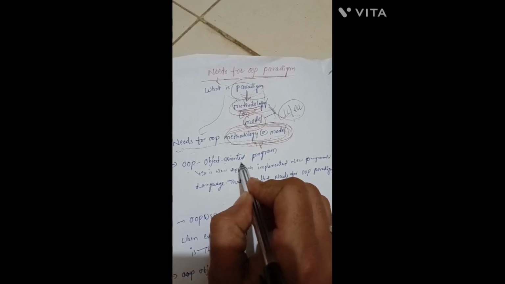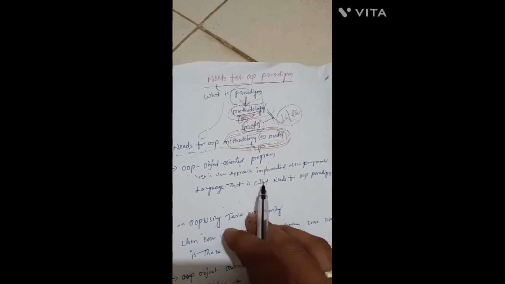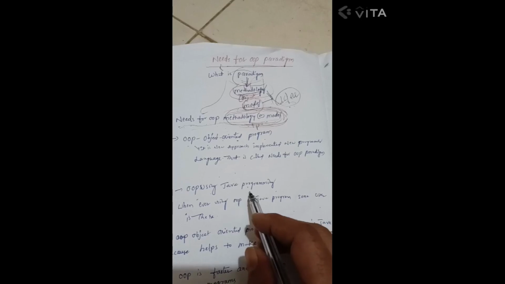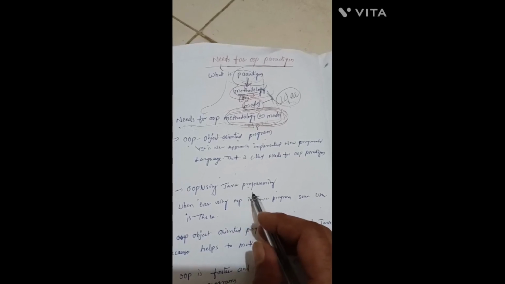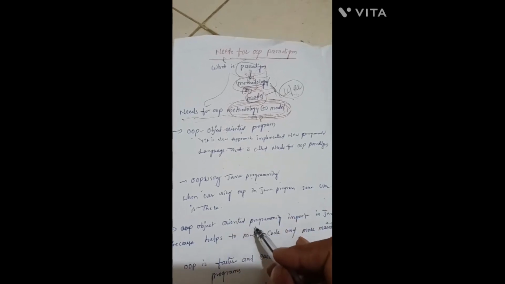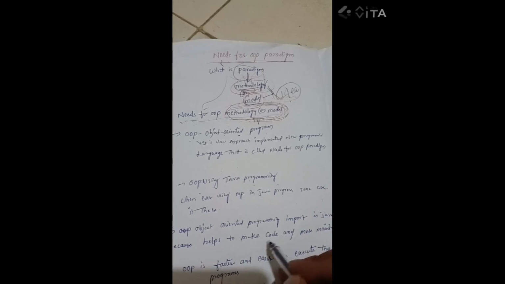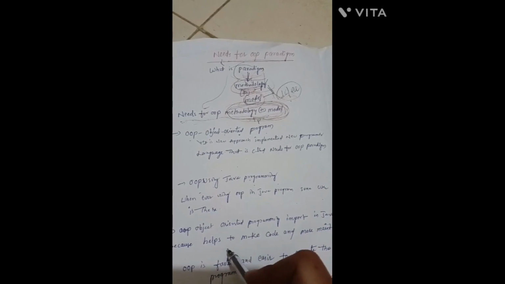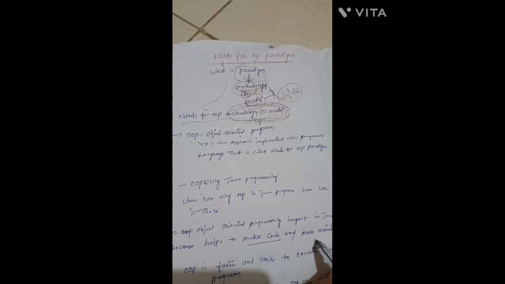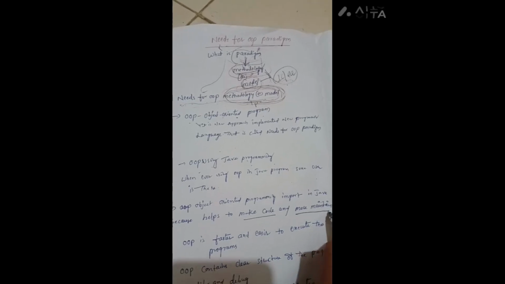Suppose we are using OOPS in Java programming, some uses are there. Nowadays we are mostly using OOPS concepts in Java. The first use is that object oriented programming was introduced in Java programming because it helps to make code more maintainable. Once we write the code, it will be easy to maintain.